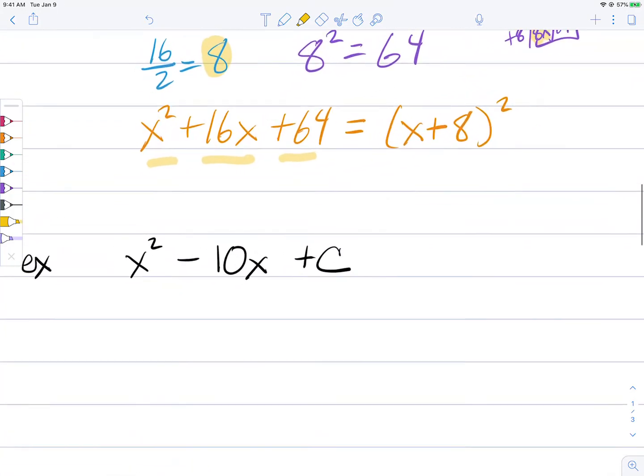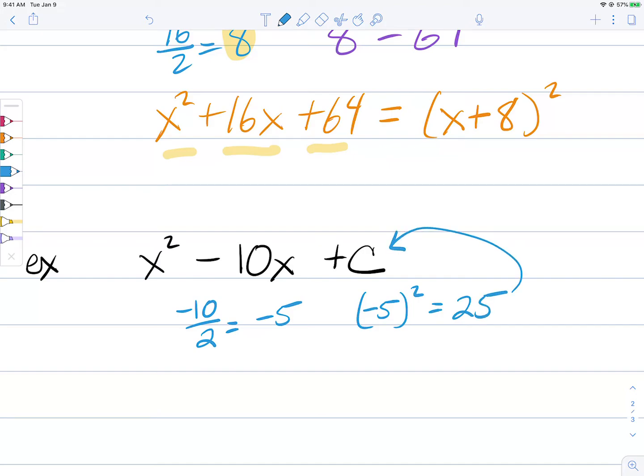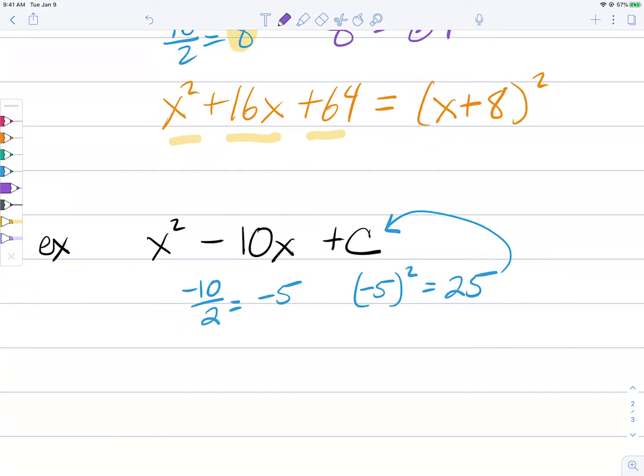So let's try another one. x squared minus 10x plus or minus, I have no idea what. So step 1, take b, which is negative 10, and divide it by 2. That's a negative 5. Step 2, take that result, negative 5, and square it. That's a 25. So that means that my missing constant to create a trinomial square is a plus 25.